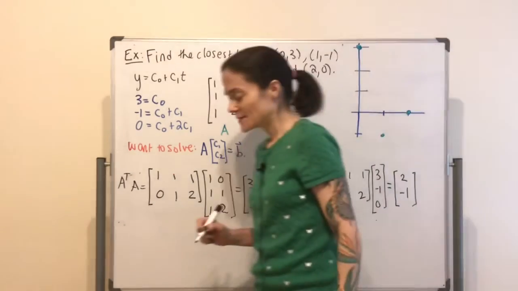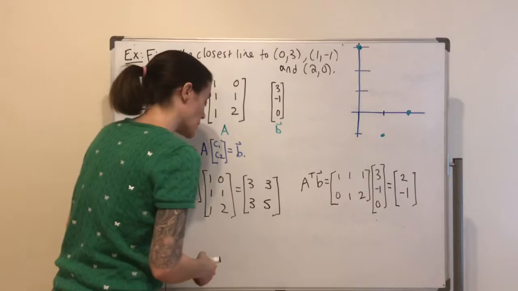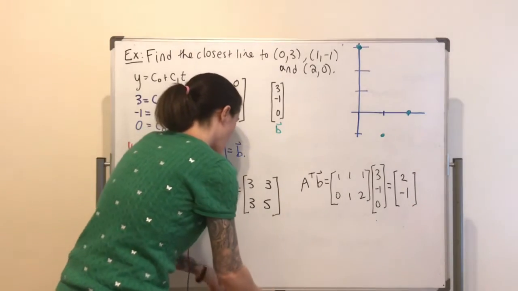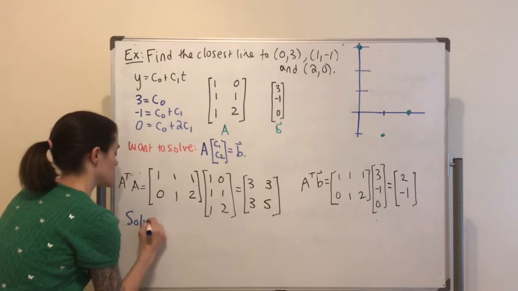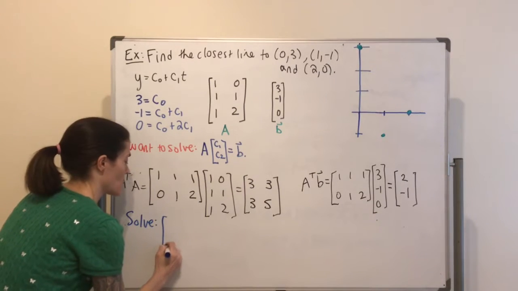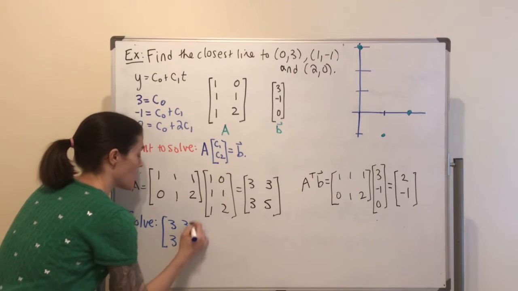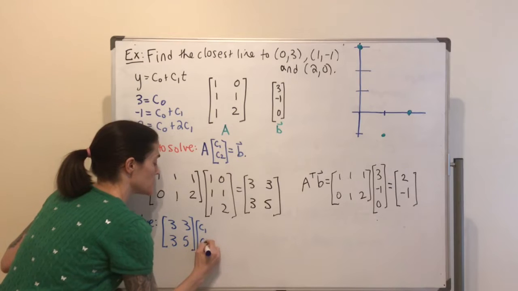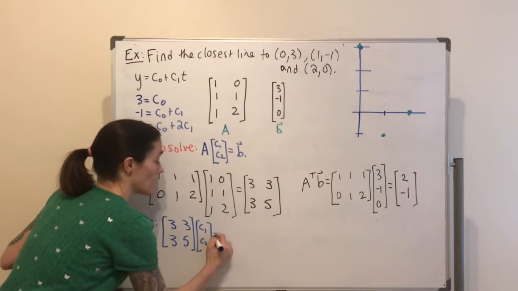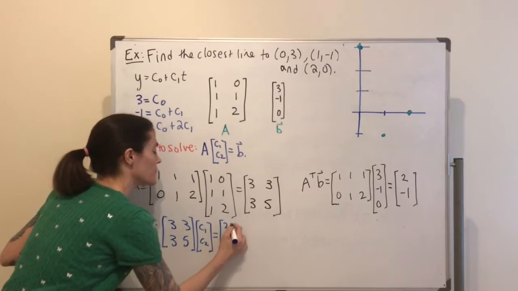Okay, so now the system that we would like to solve is the following. We would like to solve this system. 3, 3, 3, 5, C1, C2 is 2 minus 1.